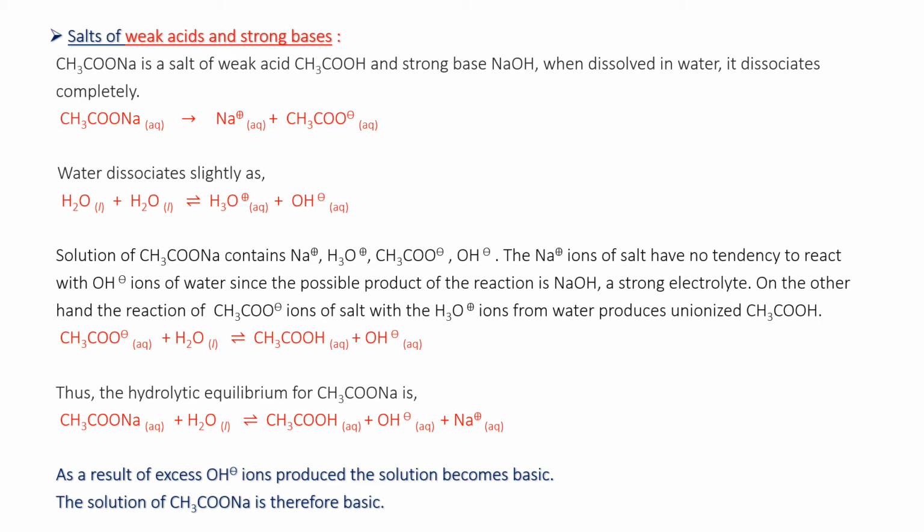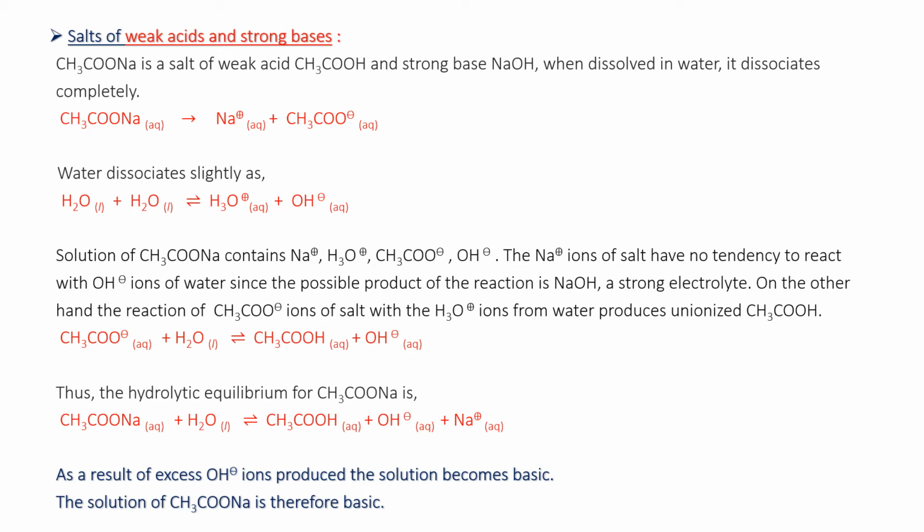Okay, so that's why sodium acetate, when dissolved in water, gives a basic solution. Now see what we do in this case. If you take sodium acetate and dissolve it in water, your solution becomes basic in nature.